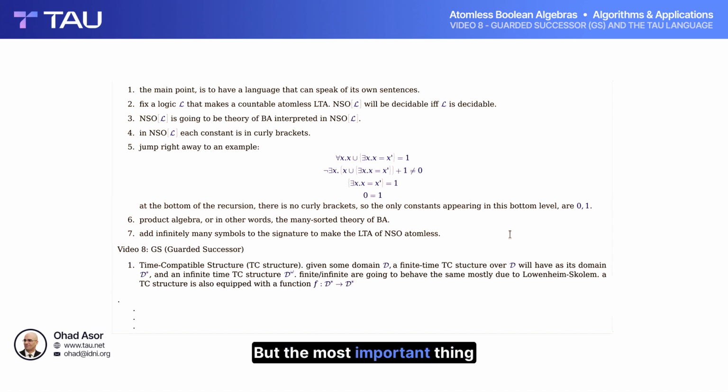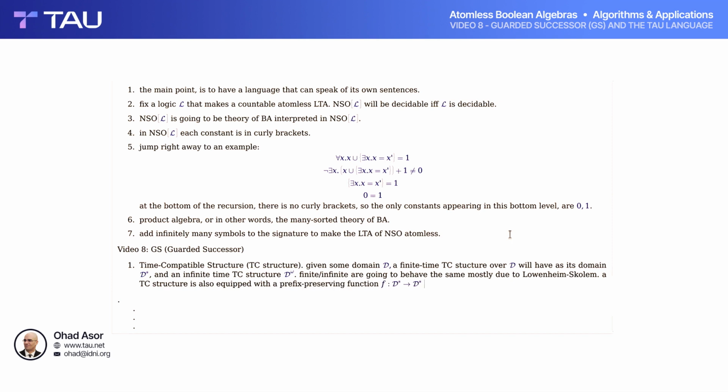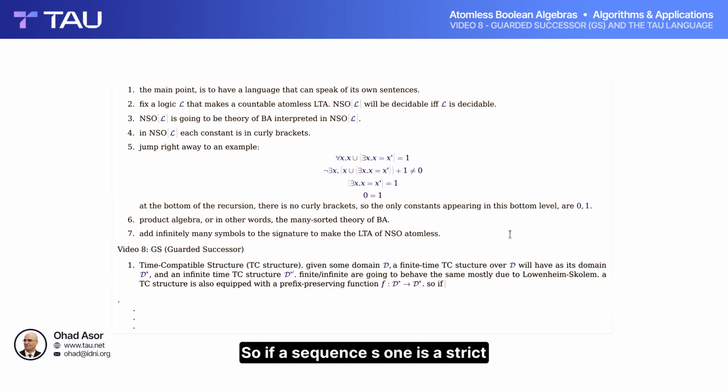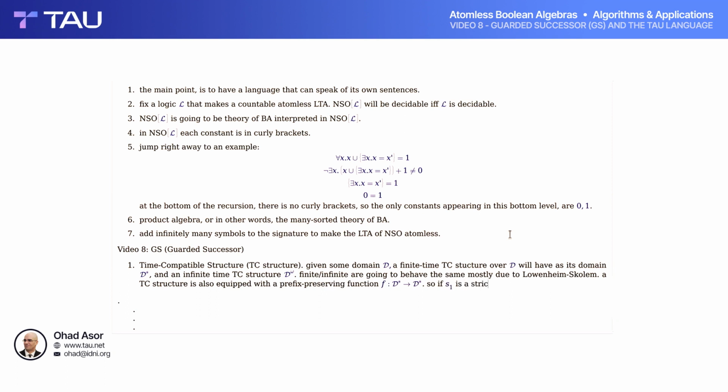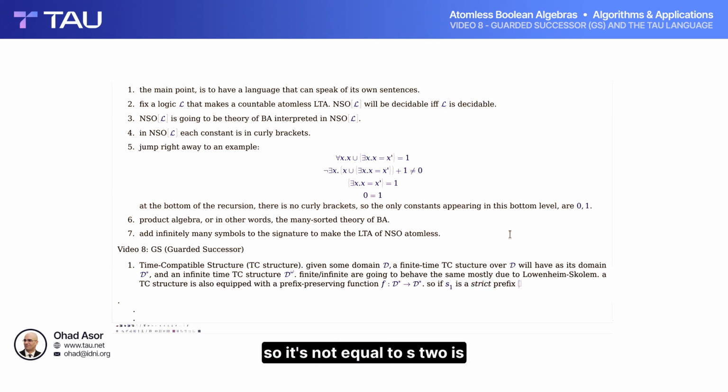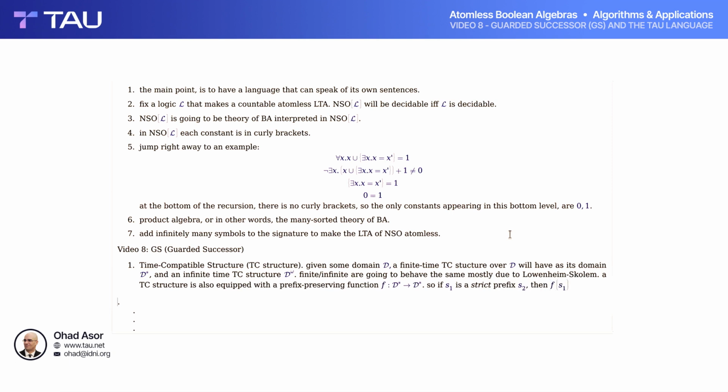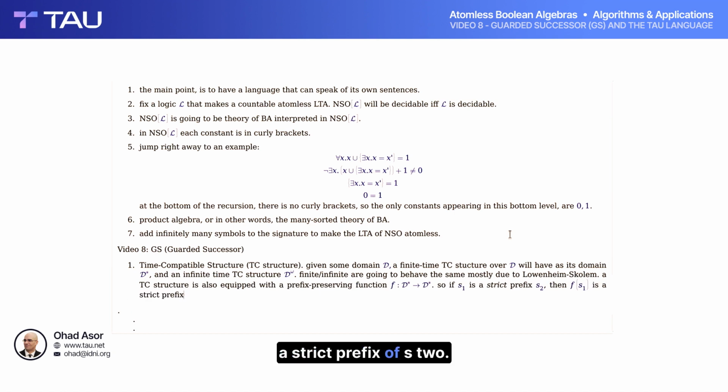But the most important thing is that this function is prefix preserving. So if a sequence S1 is a strict prefix of S2, then f(S1) is a strict prefix of f(S2).